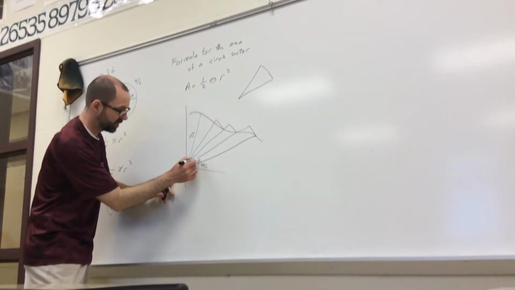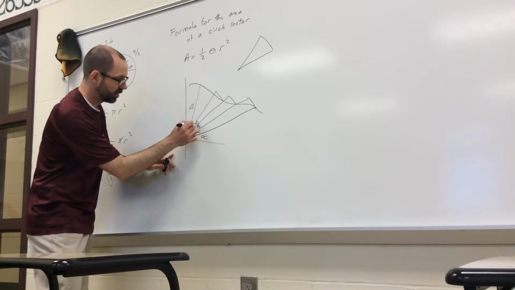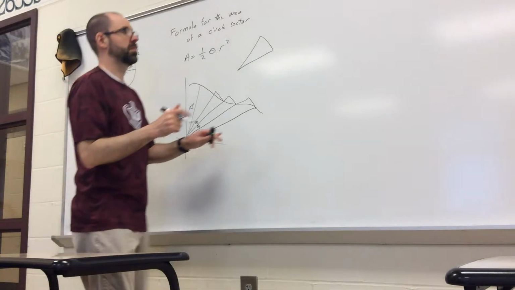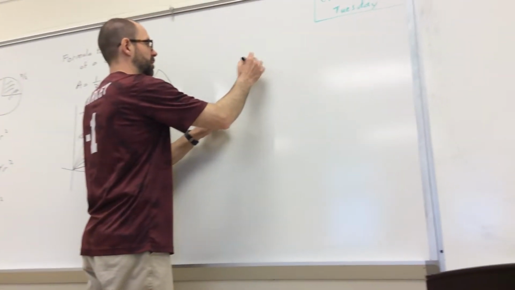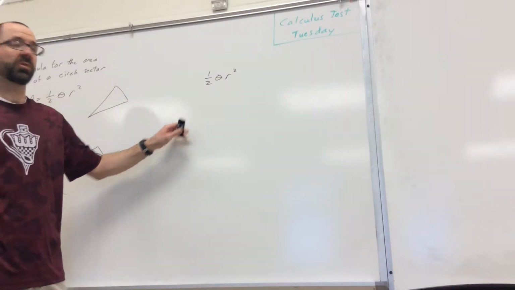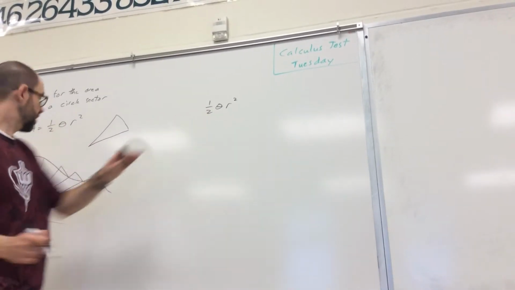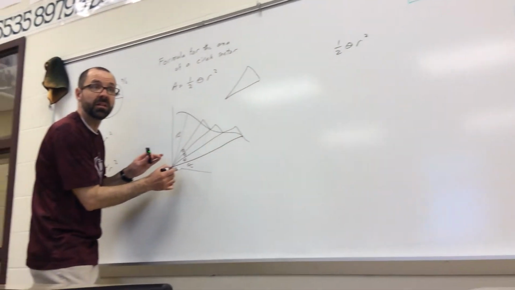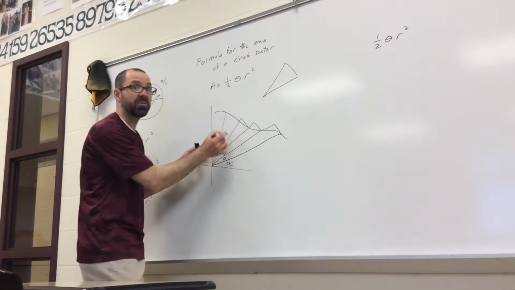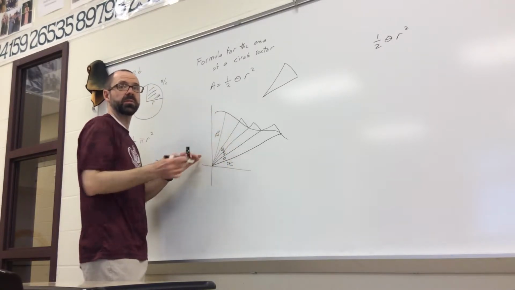So I guess I'm calling this theta. So we got 1/2 times theta times r squared for this piece, and then 1/2 theta times r squared for this piece, and 1/2 theta times r squared for that piece, and we're going to add them all up.